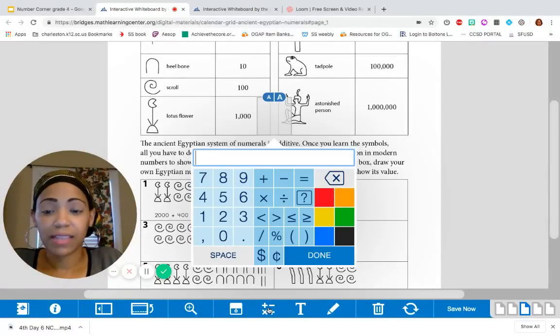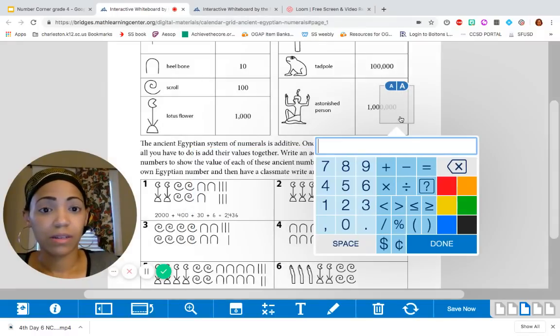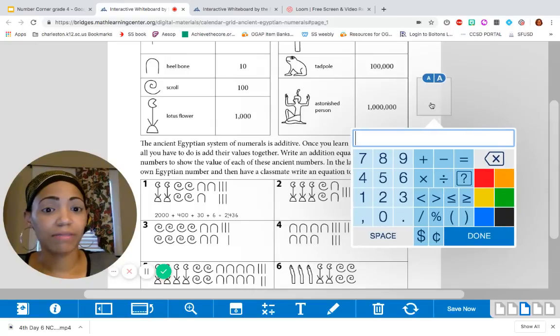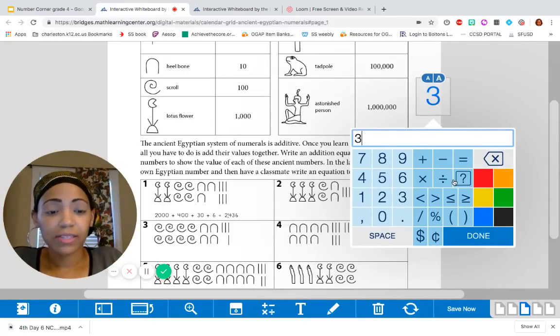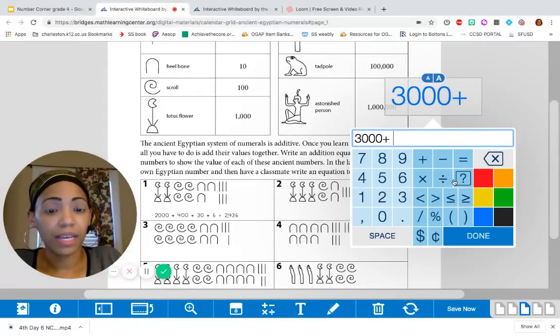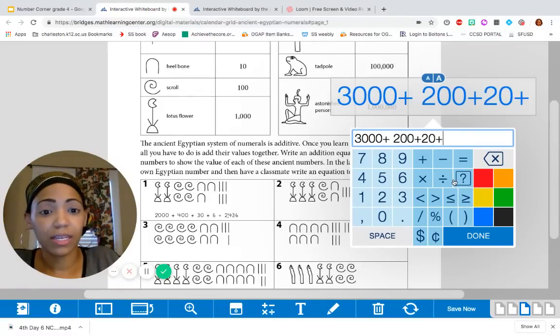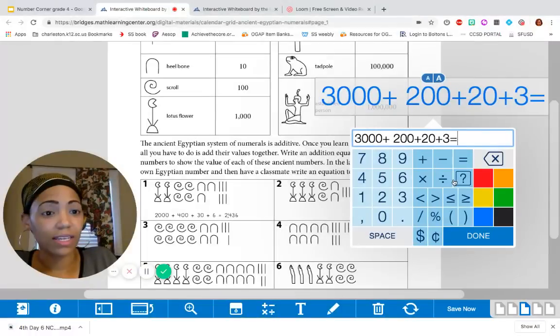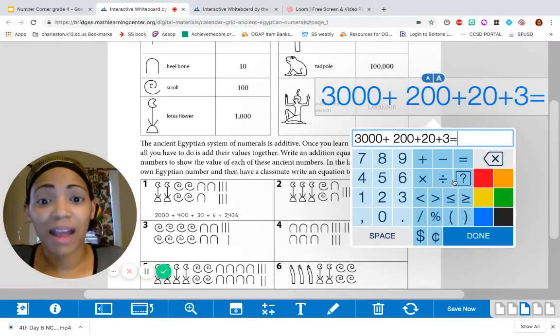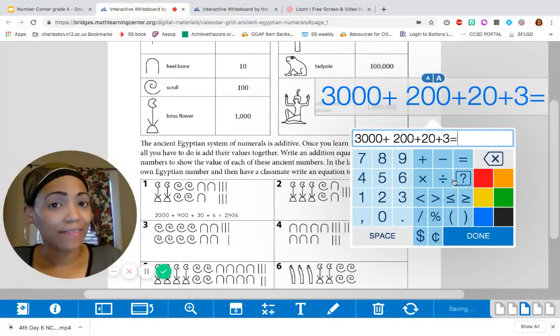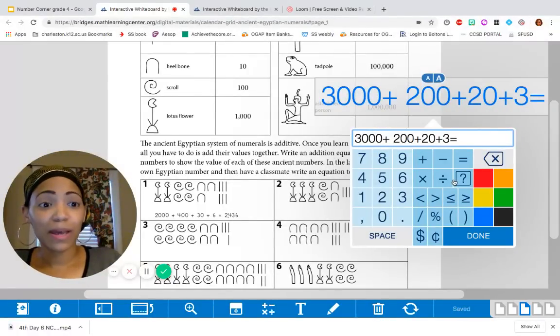So we said 3 lotus flowers. See if we can move this over a little bit so we can really see what we're doing. Okay, so 3,000 plus 200 plus 20 plus 3 equals, remember it said write an equation. An equation has to have an equal sign. Equals what?